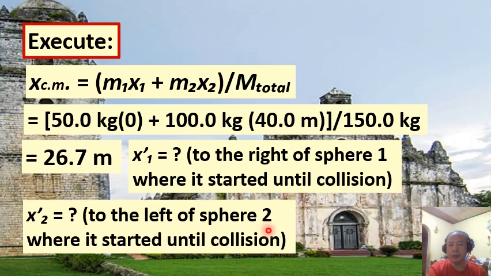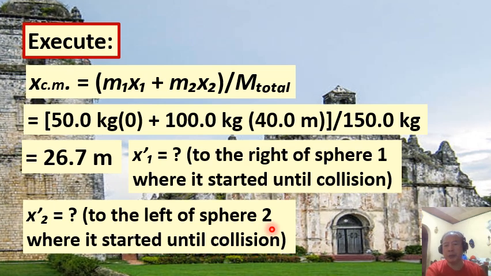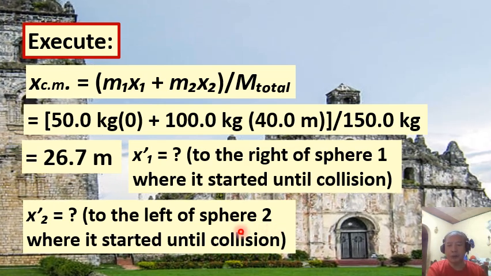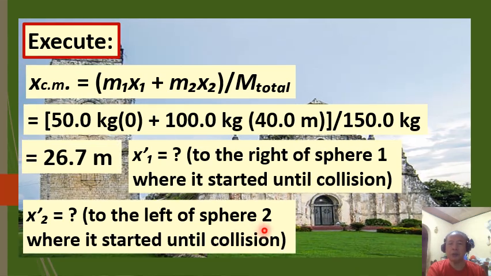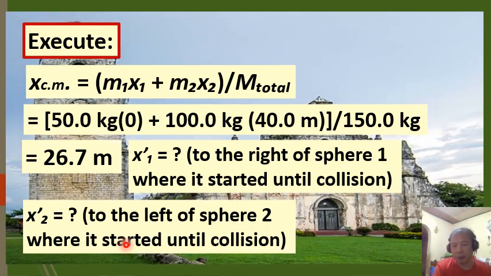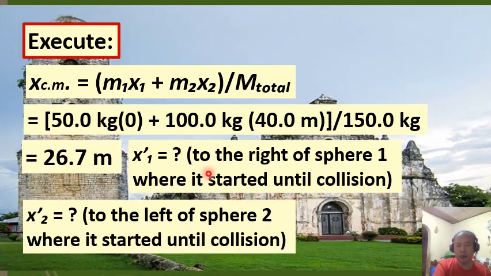Take note, sphere number 2 is moving to the left towards sphere number 1. So this is the center of sphere number 2 where it started from until collision.